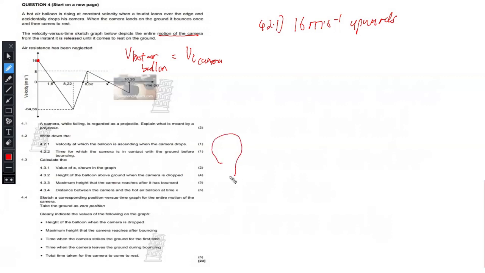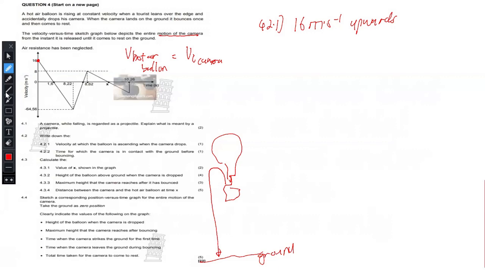From that situation, we knew that this is a hot air balloon and the camera drops. The camera does not just drop like this. It has to go up first, and then it comes to the ground. So it goes up, follows the direction of the hot air balloon until it realizes that it's no longer inside the hot air balloon. Then it changes the direction and goes down, right?